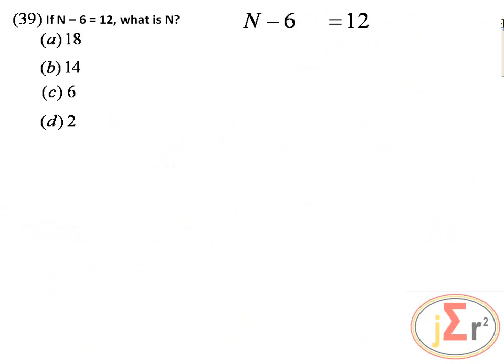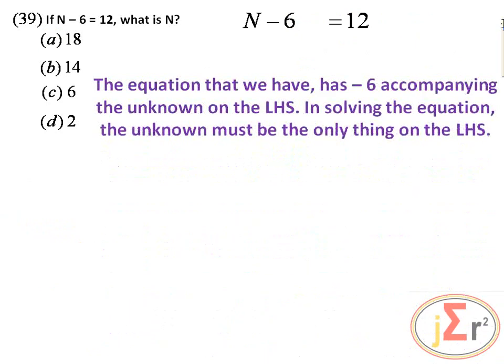N minus 6 is equal to 12. The equation that we have has negative 6 accompanying the unknown on the left-hand side. In solving the equation, the unknown must be the only thing on the left-hand side. So we have n minus 6 is equal to 12. Now, we need to find n.